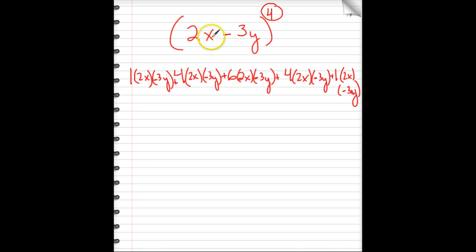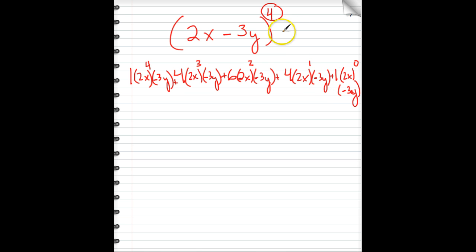Now, to apply the powers, you start with the full boat of 4. So on this first term, 2x, it goes to the 4th power. The next 2x goes down to the 3rd, you descend. The next 2x goes to the 2nd, the next 2x to the 1st, and the last 2x to the 0 power.